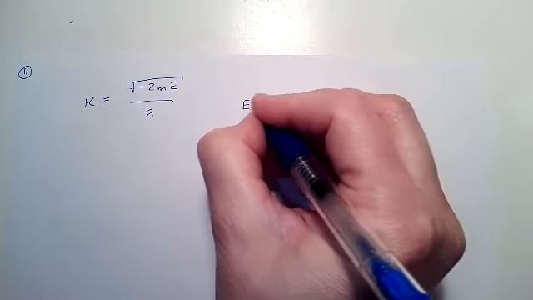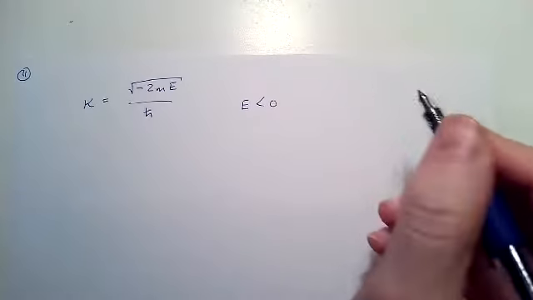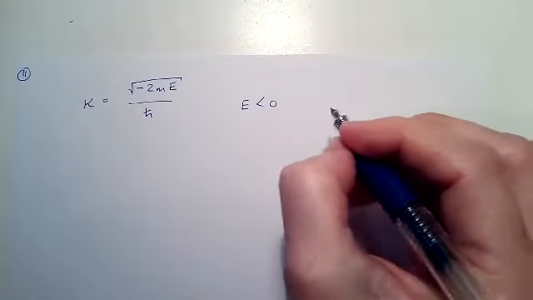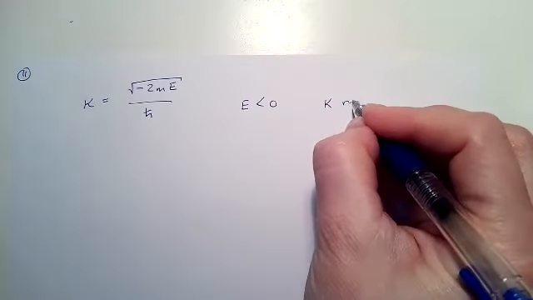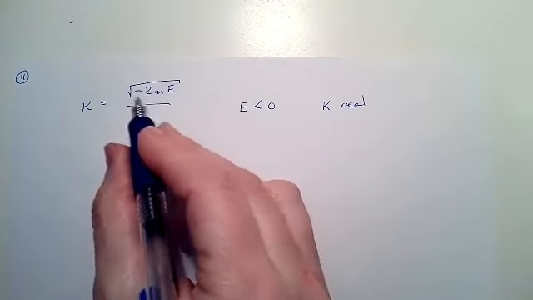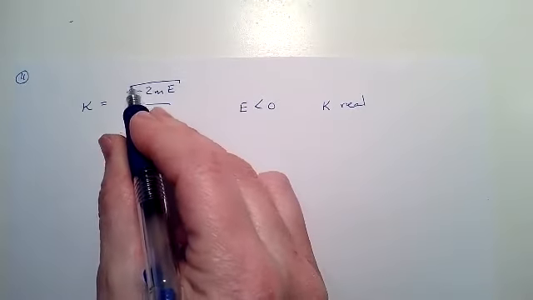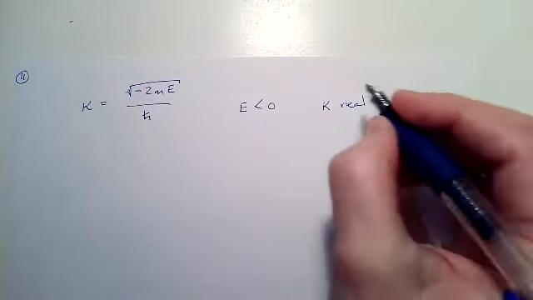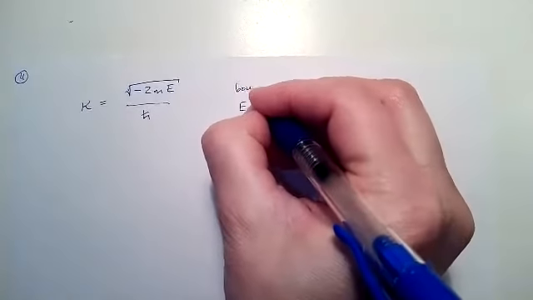We're going to use that kappa for energies that are less than 0, so for our bound states, which means kappa is going to be real because this whole thing under this square root sign is going to be positive. So this is, again, for our bound states.